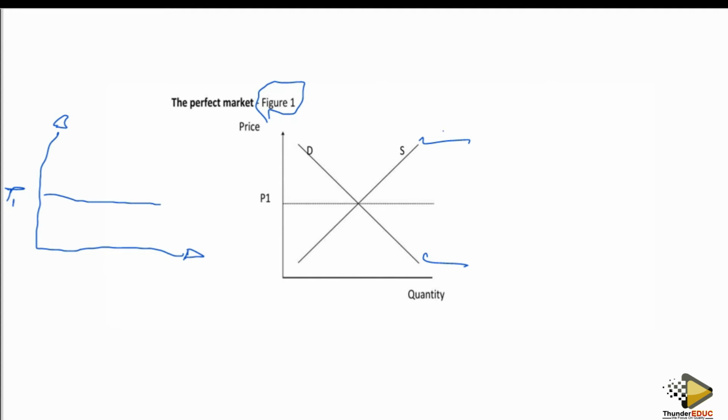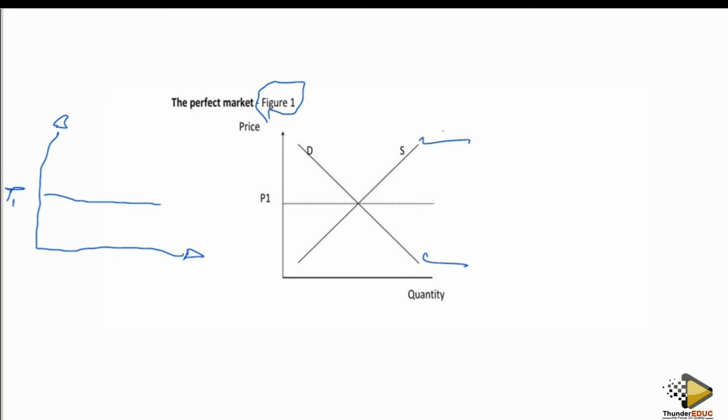Okay, so now let's check the supply curve. The supply curve is upward sloping. And why is it upward sloping? One of the reasons is that it obeys the law of supply. The law of supply states that the higher the price of the product, the higher the quantity supplied by firms. What does it mean?